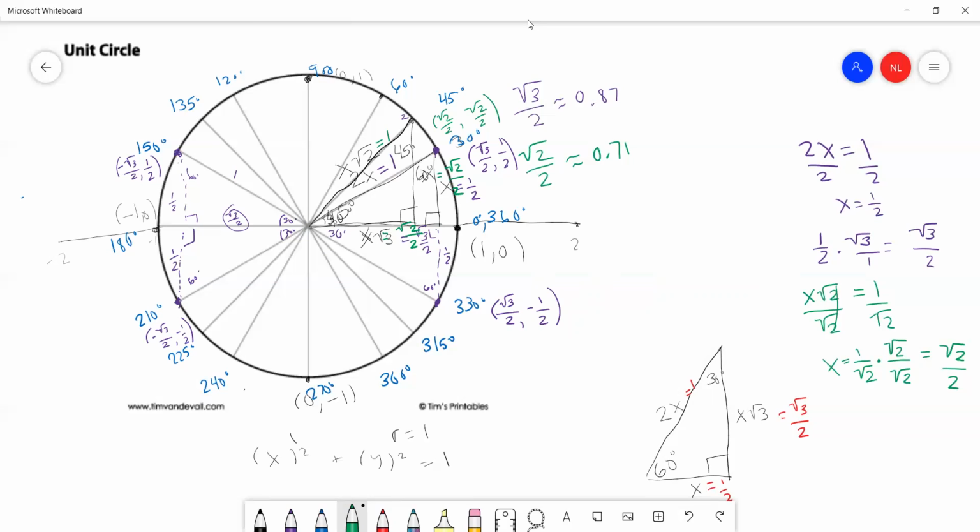So it makes sense. It's a little bit less than this one, 0.87. It's not quite half. Here's half, so it's going to be a little bit more than half. Here was the halfway mark on the y. Here's the 0.71.